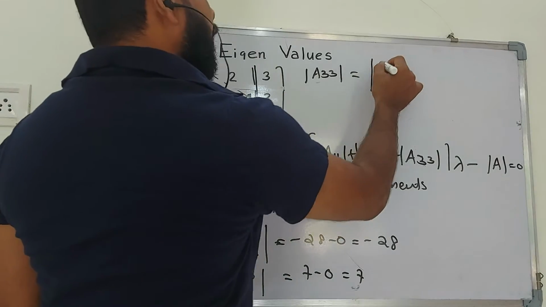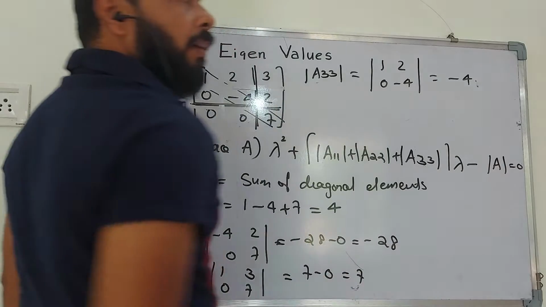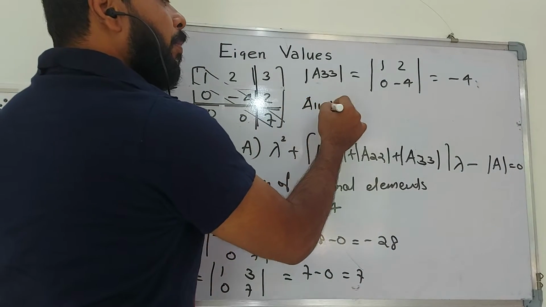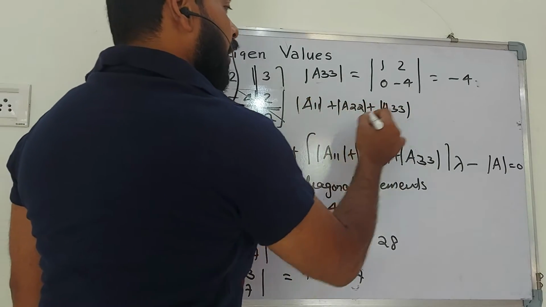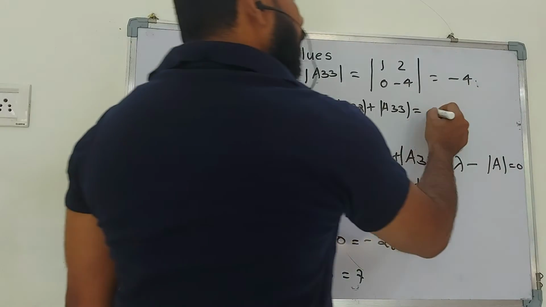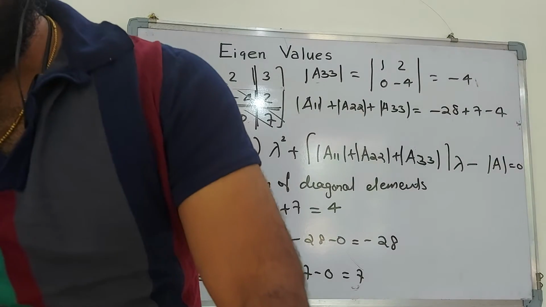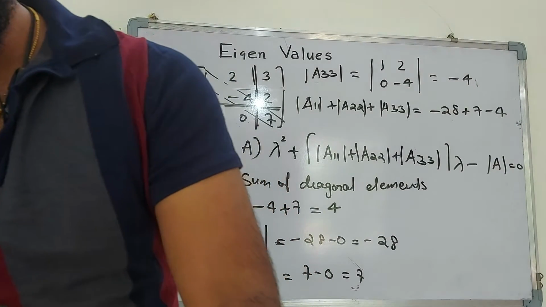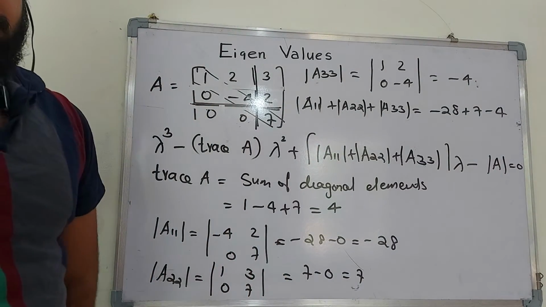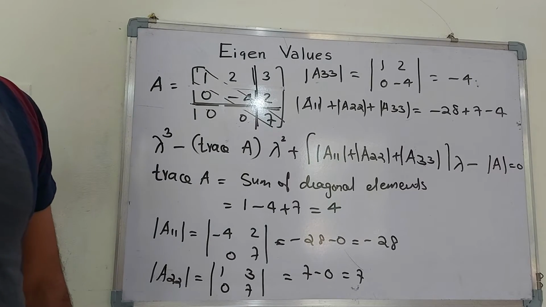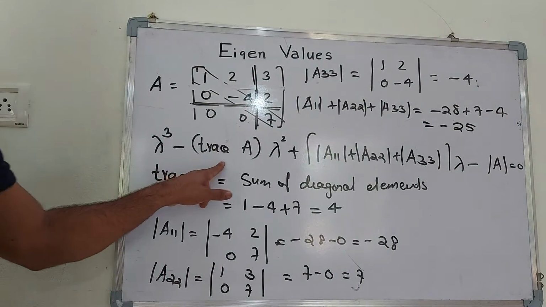So we get the determinant 1, 2, 0, minus 4, that is minus 4. And find the sum of A11 plus A22 plus A33. Each of these determinants will be summed. Okay, this is minus 28 plus 7 minus 4. Find its value. Minus 28 plus 7 minus 4, we get minus 25. So we have the trace of A, and these terms.